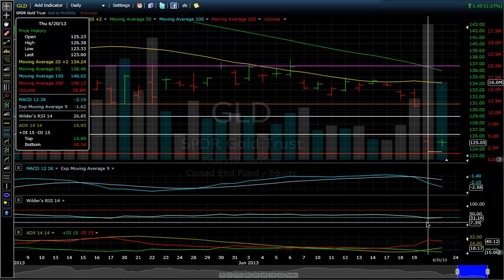RSI, usually the oversold indicator is 30.00. So your 30.00 level is your oversold territory. I actually live by the sword on this terminology.